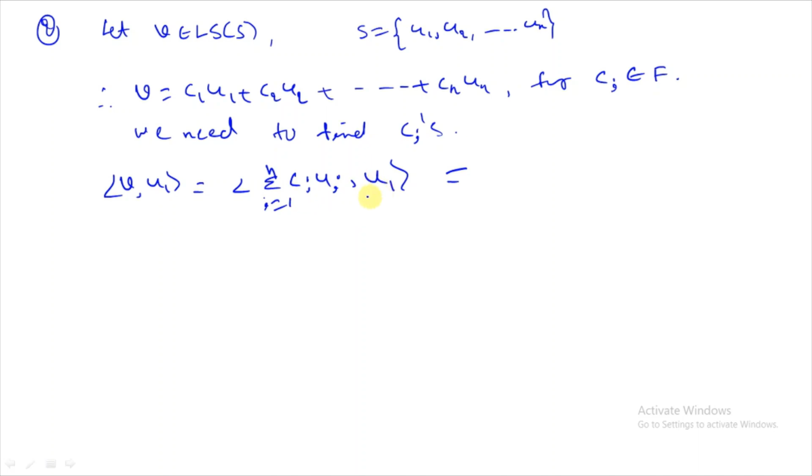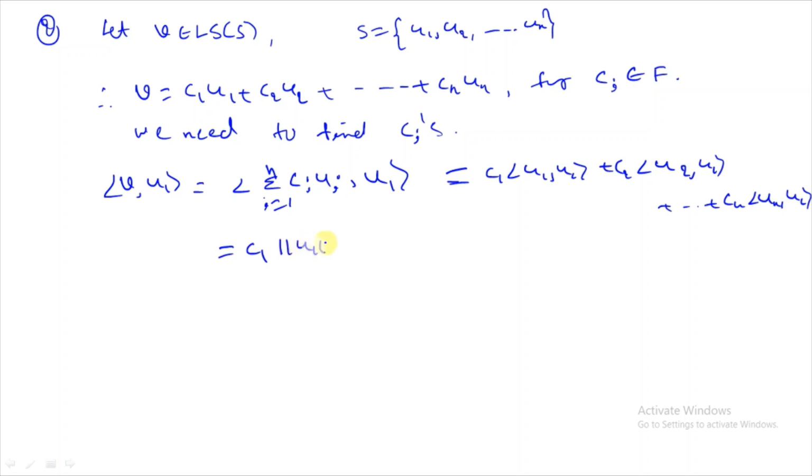When you take this inner product with U1, like the previous one, you can write C1 inner product of U1 comma U1 plus C2 inner product of U2 comma U1 plus and so on, Cn Un comma U1. These are orthogonal, which means these are all zeros, mutually orthogonal. That implies we get C1 into U1 comma U1, that is norm U1 square.